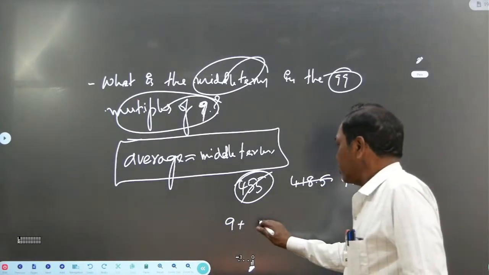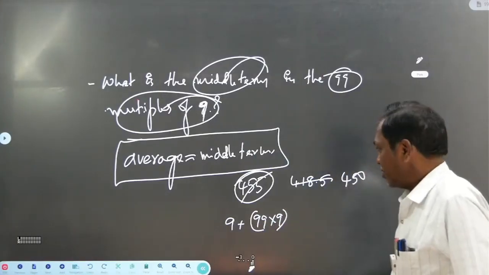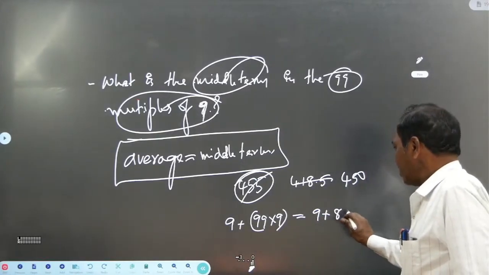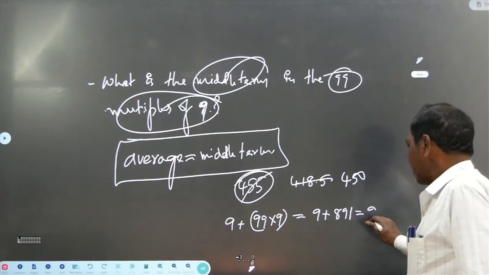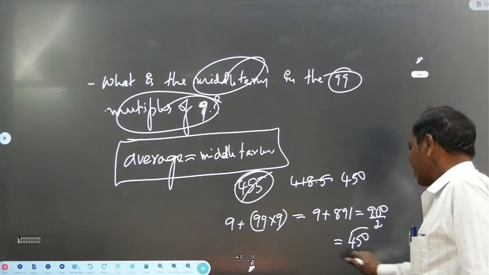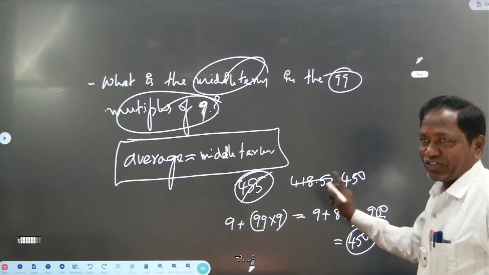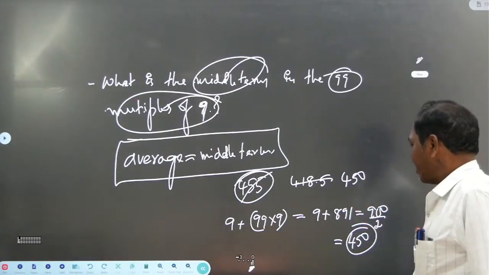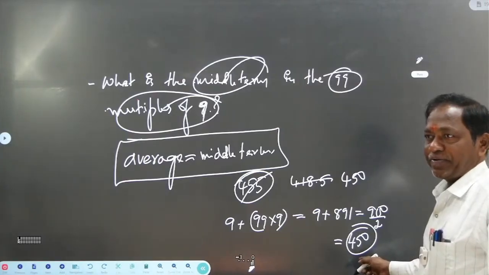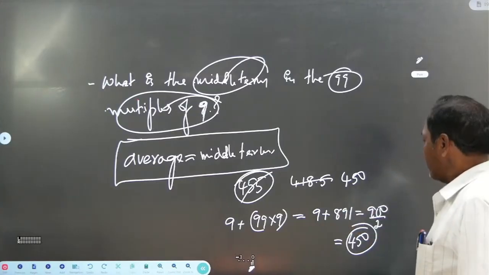Correct, sir. 9 plus 891 is 900. 900 by 2 is 450. Yes. This is a cross check. 4 plus 5 is 9, 9 plus 0 is 9. Multiple of 9. 3 and 9 same. See, all these tricks will help us to solve cracking.